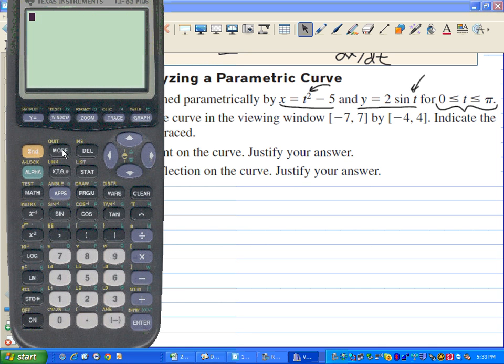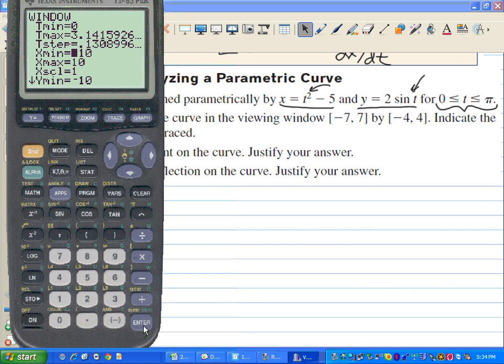If you go to y equals now, it has x sub 1 of t, y sub 1 of t. And so we're going to put in for x, t squared minus 5, and for y, we're going to put in 2 sine of t. And then I'm going to go to window and make sure I'm going from 0 to pi. The step is reasonably small.